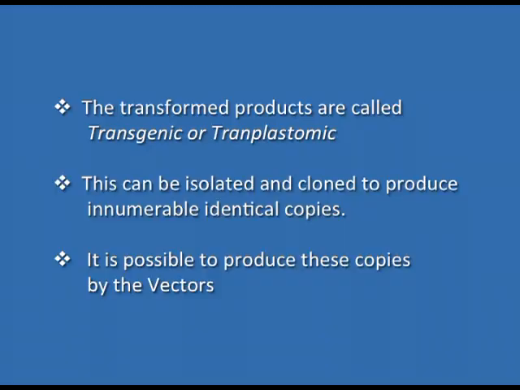These transformed products are called either transgenics or transplasmids, as transgenic means transformation in a part of the nucleus and transplasmatic means transformation in the plastids. After this transformation, the selected cells are isolated and cloned to produce multiple copies of the desired traits.